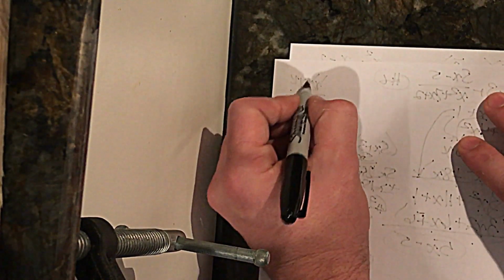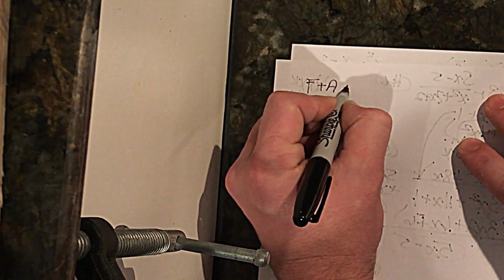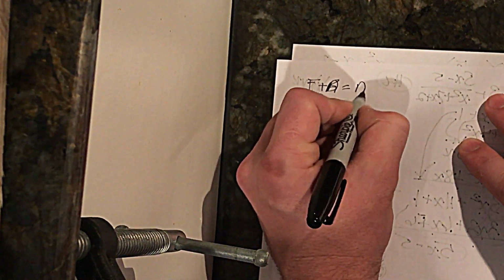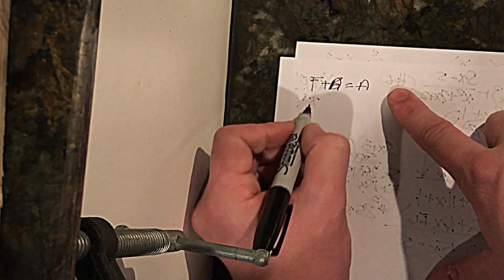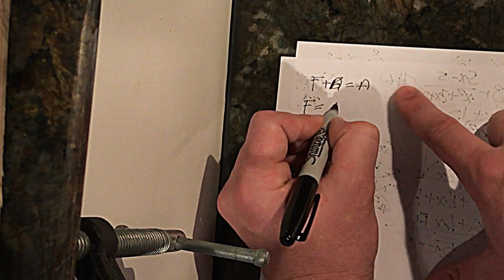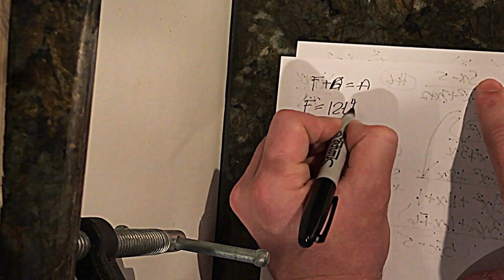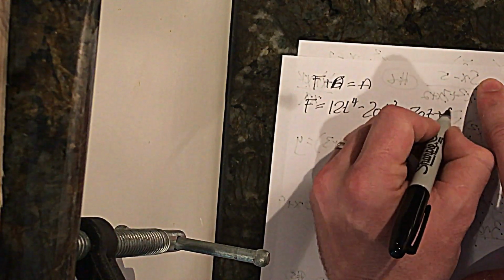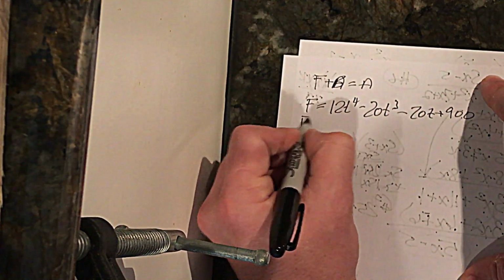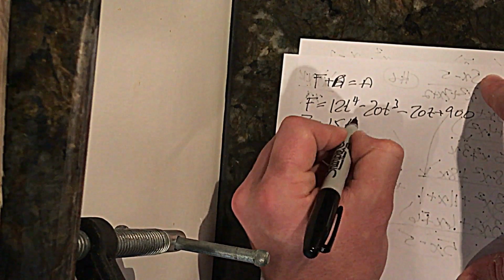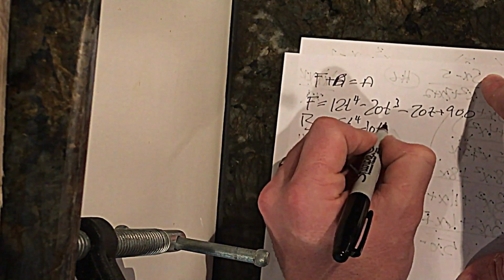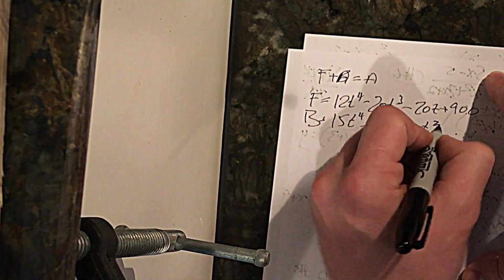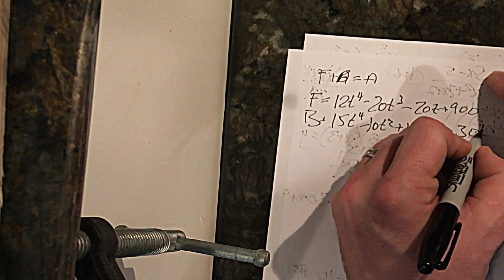No multiplication, no division required. We're just going to say F plus B equals A. So F equals 12t to the 4th minus 20t cubed minus 20t plus 900. And then B is 15t to the 4th minus 10t cubed plus 10t squared minus 30t plus 700.